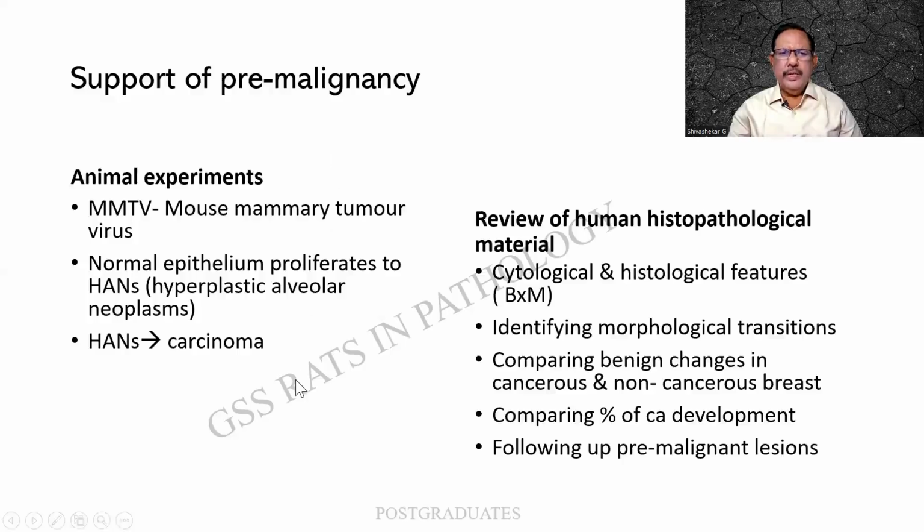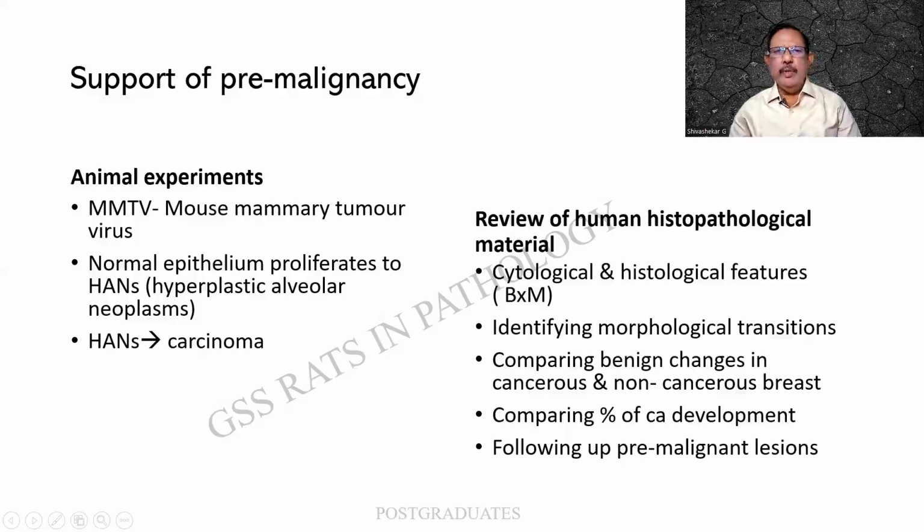This is an age-old theory that is there. Secondly, what do you see in histopathological material? You find that there is some kind of a correlation between the cytological and the histological features. And whenever there is a gradual development, you are able to identify the morphological transitions. This is extremely important. You are able to compare the benign changes in the cancerous and the adjoining non-cancerous breast.